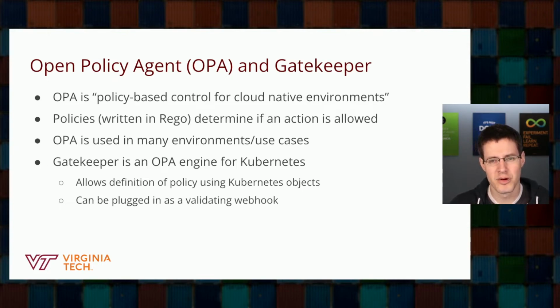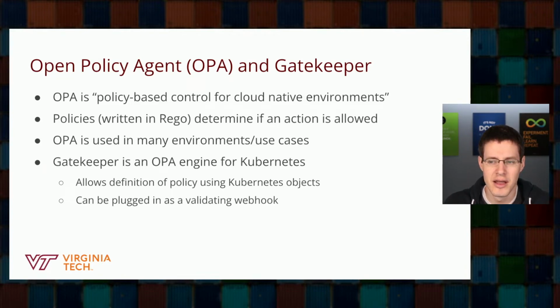But in Kubernetes, we're going to be using it specifically for do we allow certain objects to be accepted. Okay, so policies are written in a language called Rego, and Rego is kind of a funky language when you first get introduced to it, but it runs incredibly quickly and has some other pretty neat advantages, which we'll see here in just a little bit.